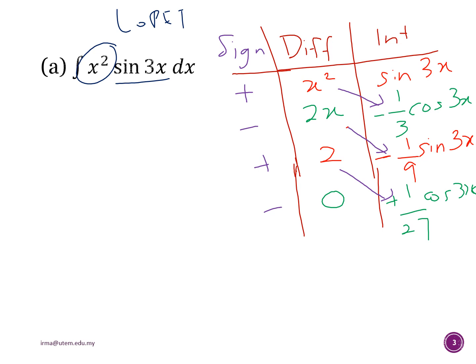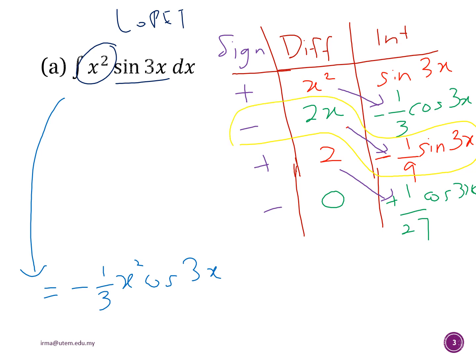So the final answer that you should get is negative 1 over 3 x squared cos 3x, minus negative, you get plus, 2 over 9 x sine 3x, and then plus 2 over 27 cos 3x.